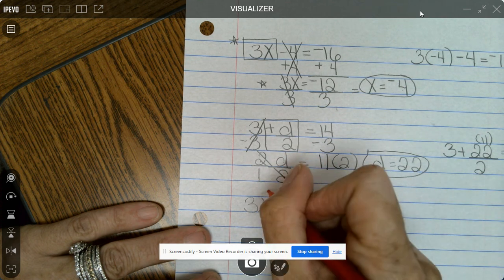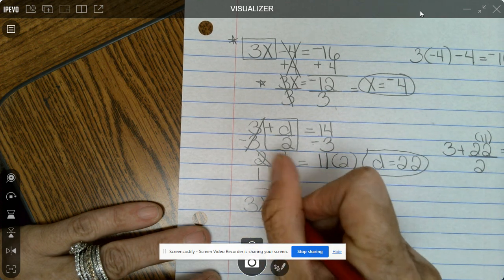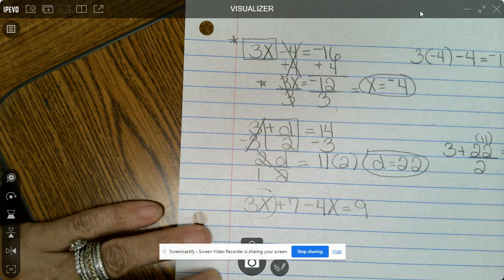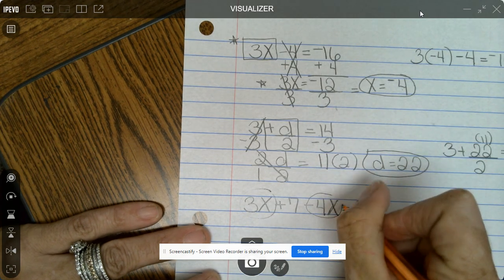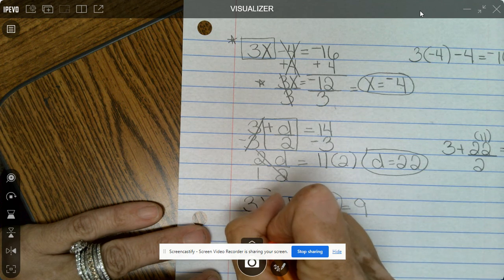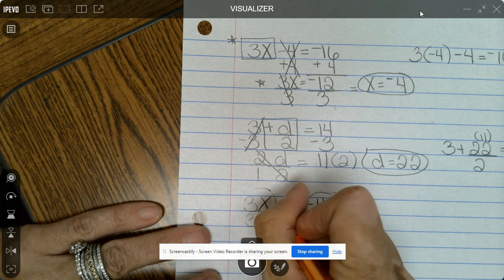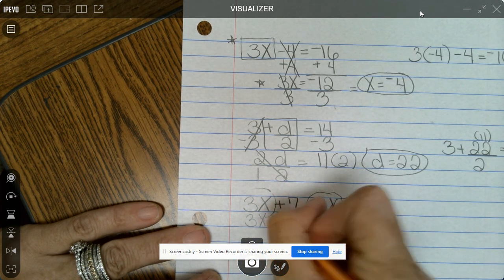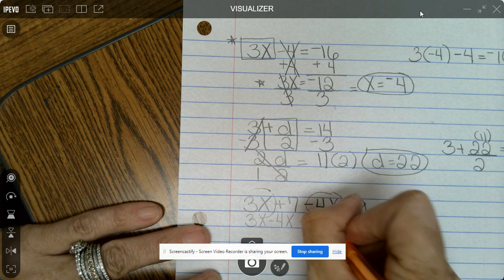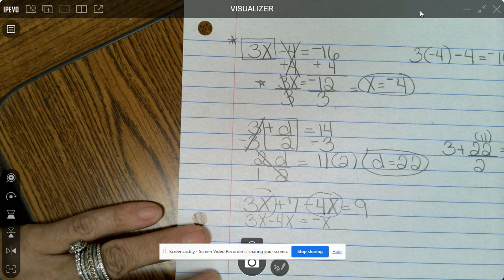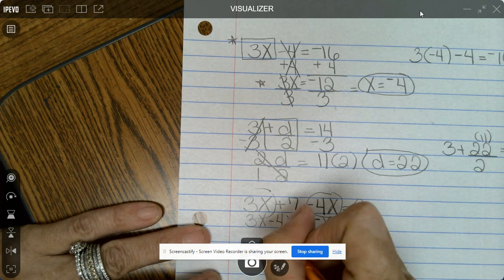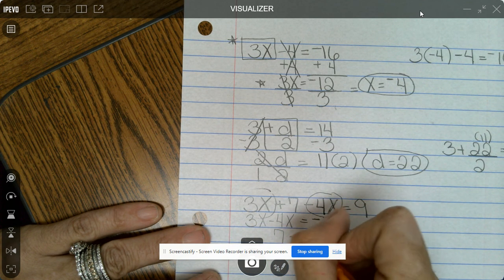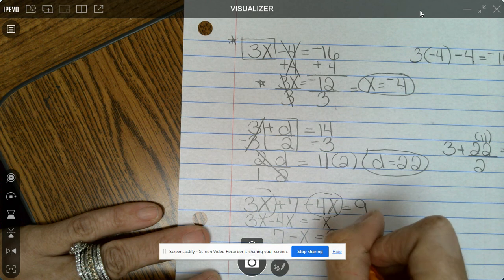If we combine our like terms, we've got 3x and we are going to combine that with negative 4x. So 3x minus 4x equals negative x, or negative 1x. If we rewrite that, we have 7 minus x equals 9.